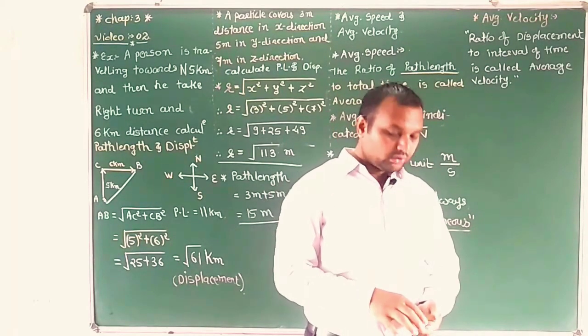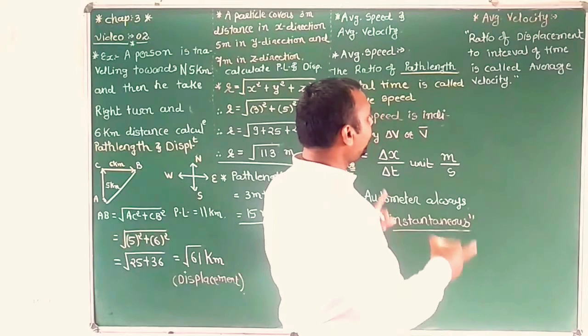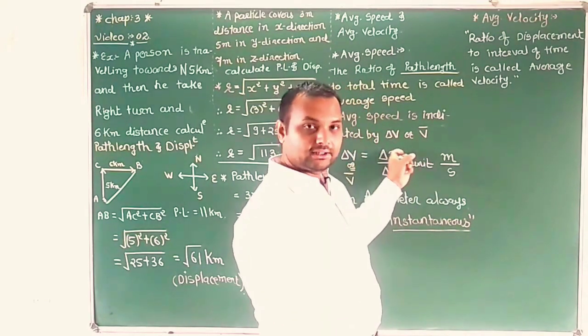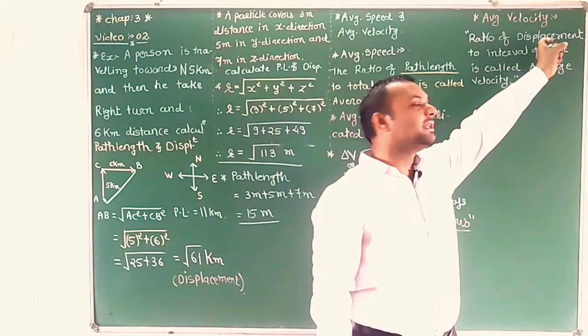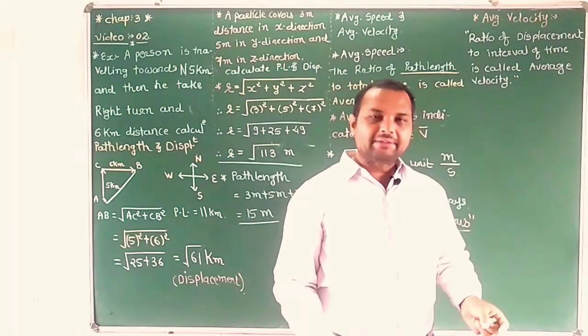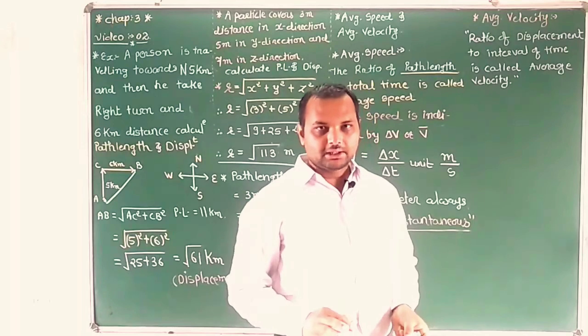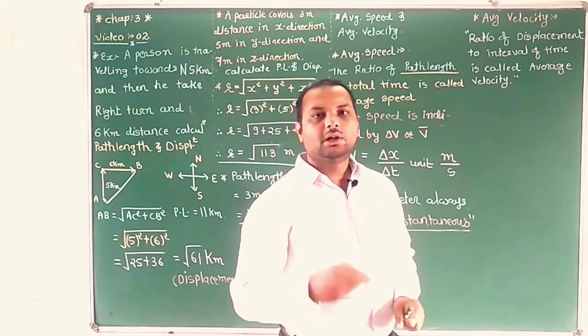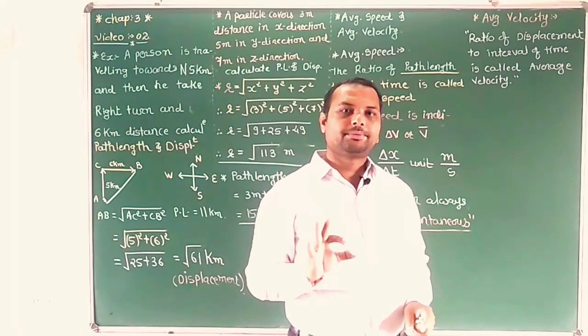Again, I am distinguishing between average speed and velocity. Here it is the ratio of path length, and here the ratio of displacement over the interval of time. In speed it is path length, in velocity it is displacement, right?